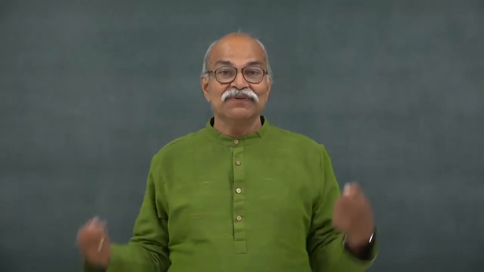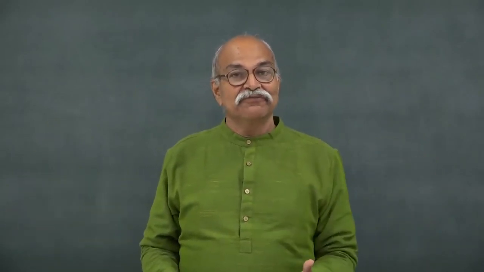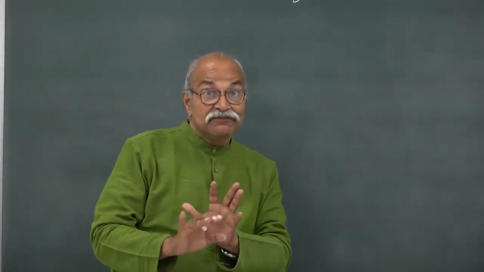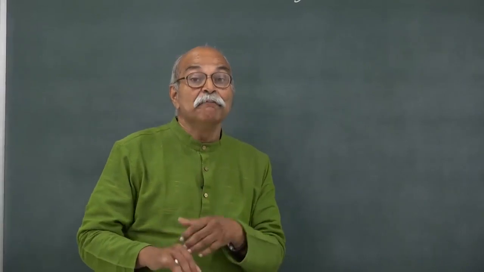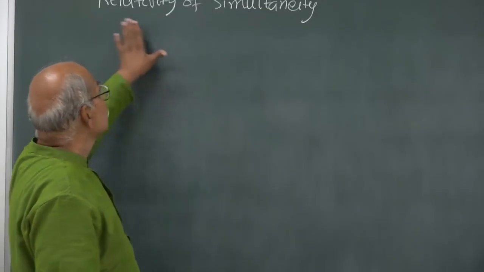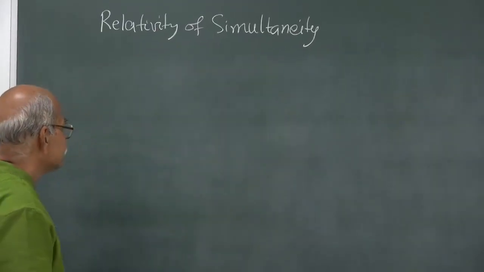So, simultaneity is not a universal thing, that two events have taken place at the same time. It is not a universal fact, it depends on the frame from which you are looking at, and therefore, different frames will look at these two events and the ordering of those two events may be different in different frames. So, that is known as relativity of simultaneity.